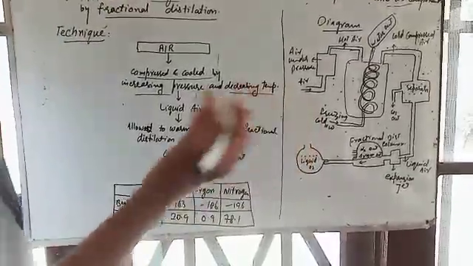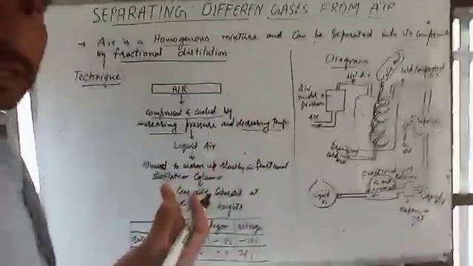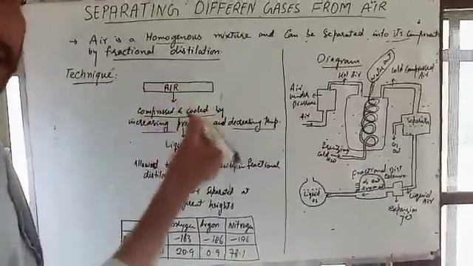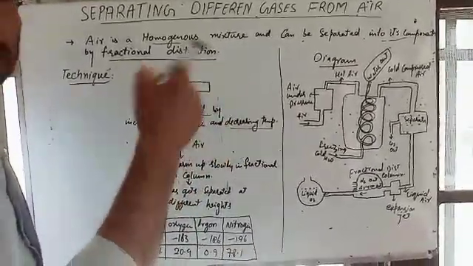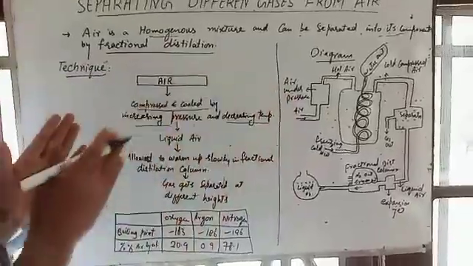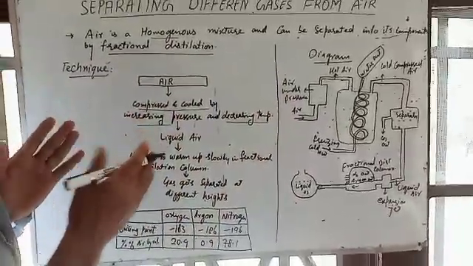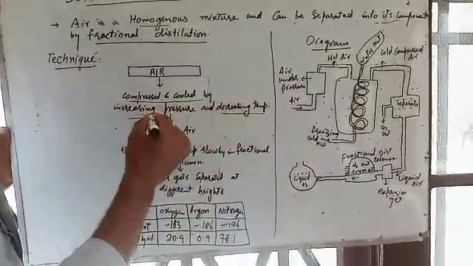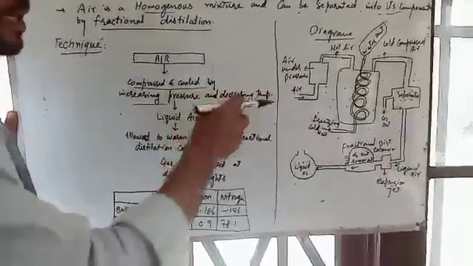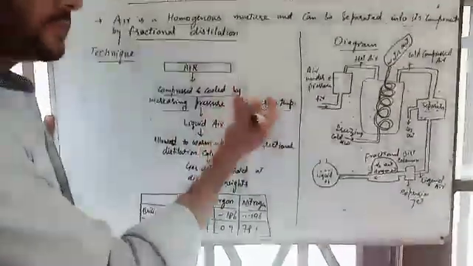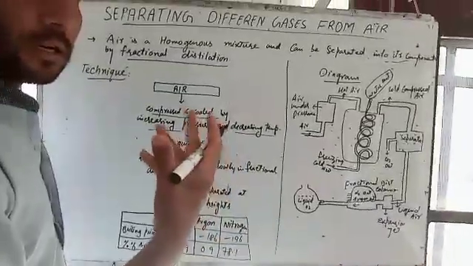Air is taken in a machine. Then that air inside the machine is compressed, and the compressed air is then made to cool by decreasing temperature.